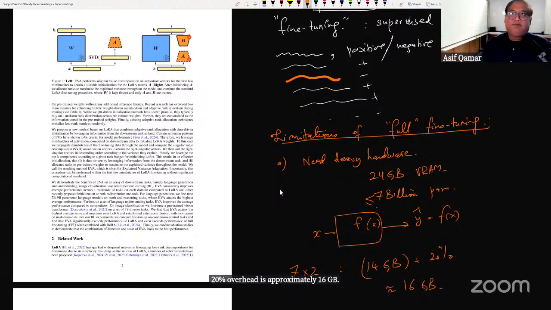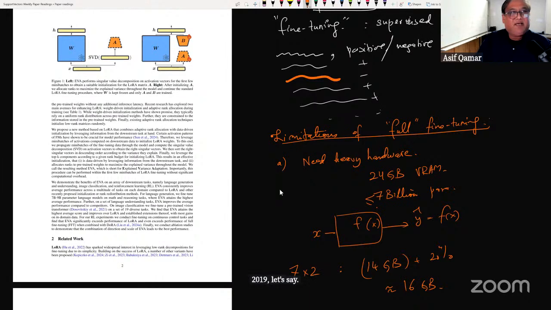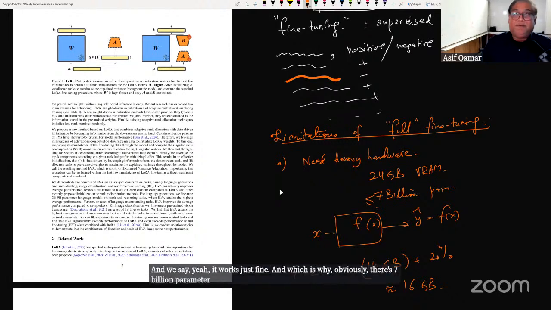So we are able to run inference with 16 GB of memory, which means we feel pretty pleased with ourselves because we have a 24 GB 4090, let's say, and we say, yay, it works just fine. And which is why, obviously, the 7 billion parameter models are so very popular.